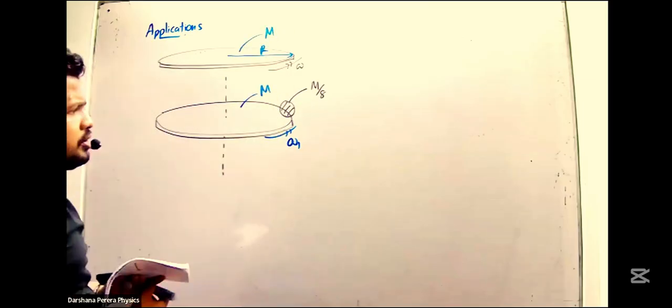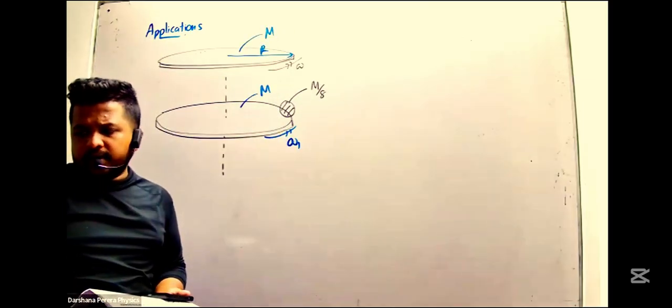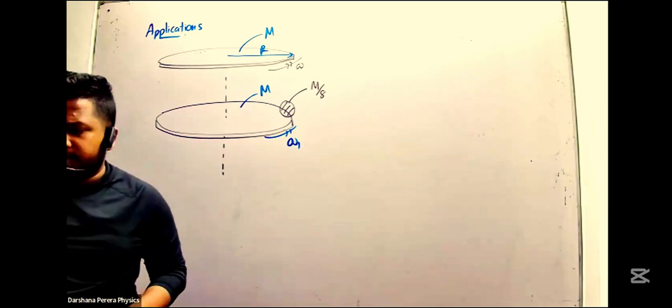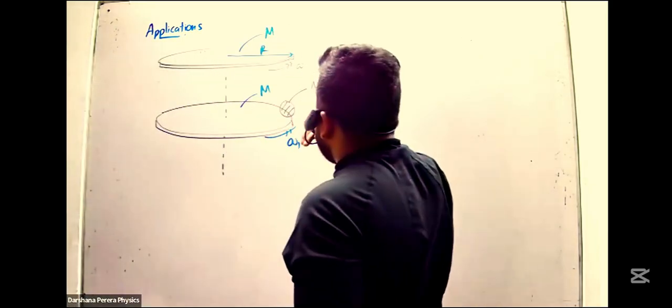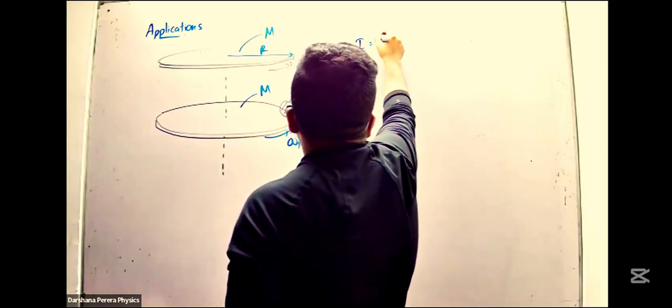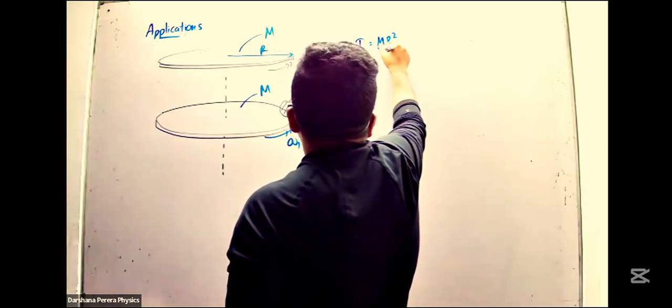Okay, find out. We have to apply conservation of angular momentum, like the previous linear momentum. Very easy. For this case the initial I equals M R square over 2.